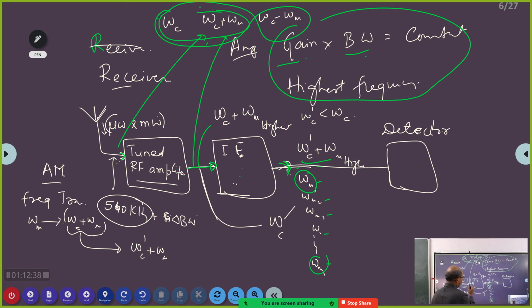Correct? Here you can have omega c and omega c plus omega m, or you can have omega c and omega c minus omega m. Got it? See, we are not interested in both the side bands. We are interested in the message. The message is in this also, in this also. So I have an option to either select this or this along with this. Got it?